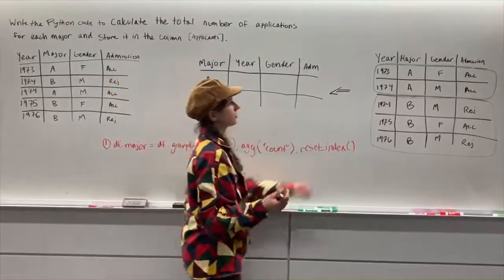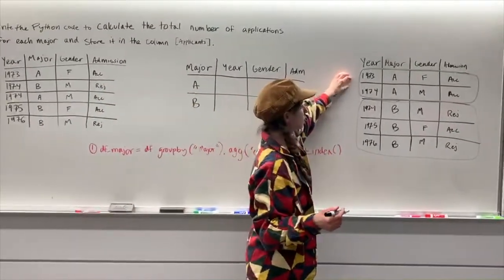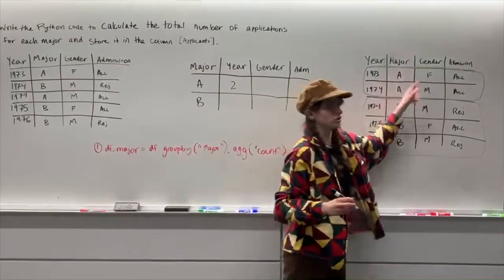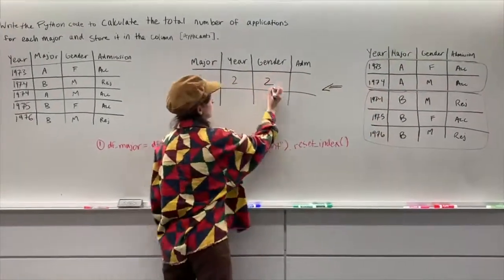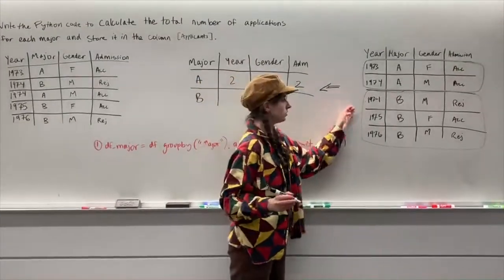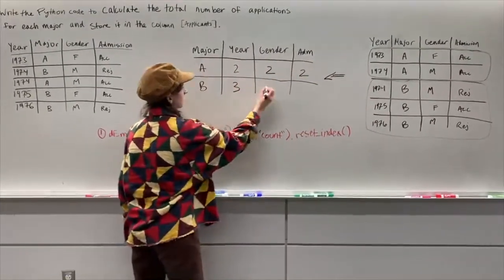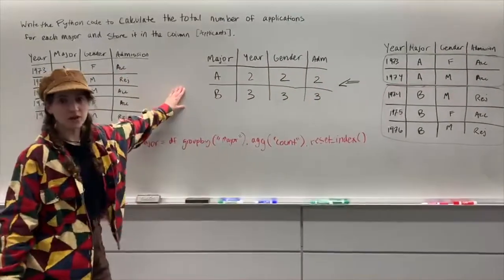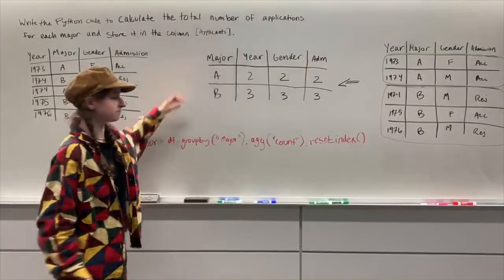So it'll just count the number of rows in every group. So like 1, 2, 2. It'll be 1, 1, 2 also for gender. 1, 2 for admission. For major B, it'll be 1, 2, 3. Okay, so now you have this. This is the aggregated data frame.